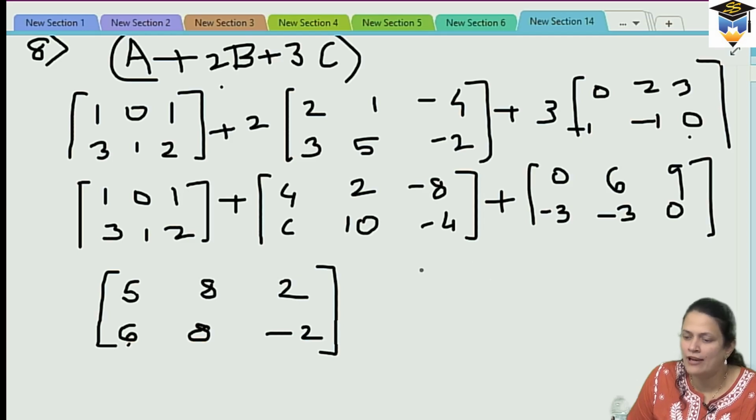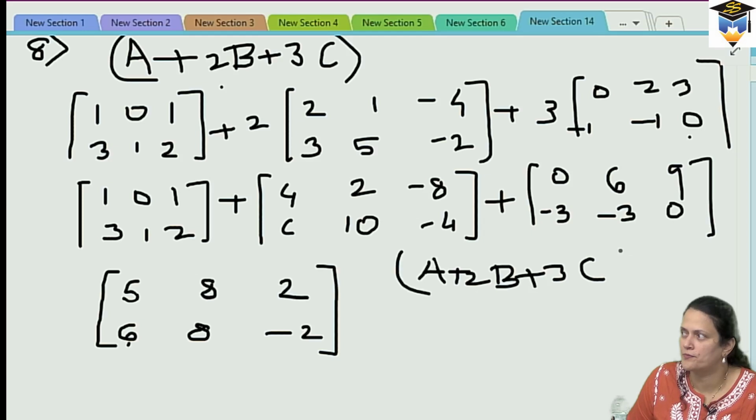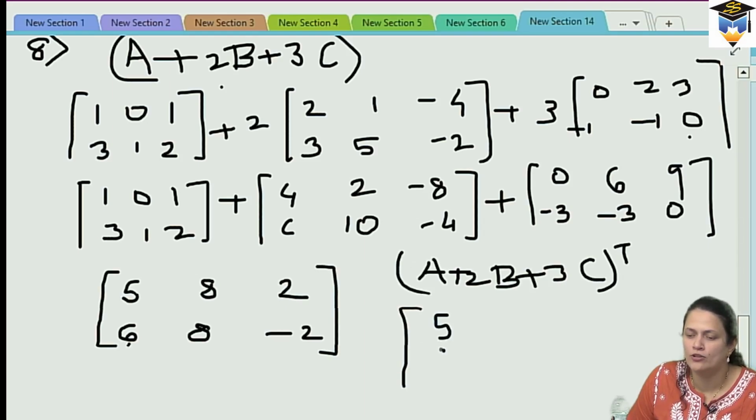Now we have to find out (A plus 2B plus 3C) transpose. Okay, so transpose means rows are converted to columns. So this is our equation 1, let us see.